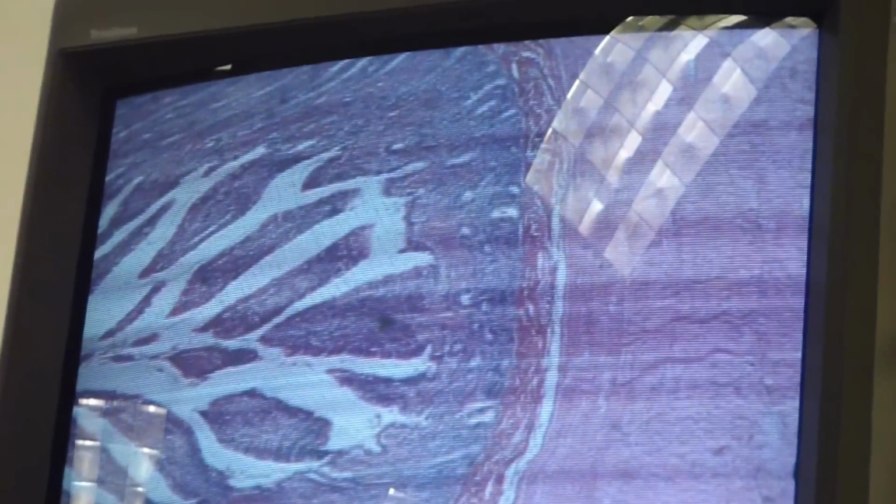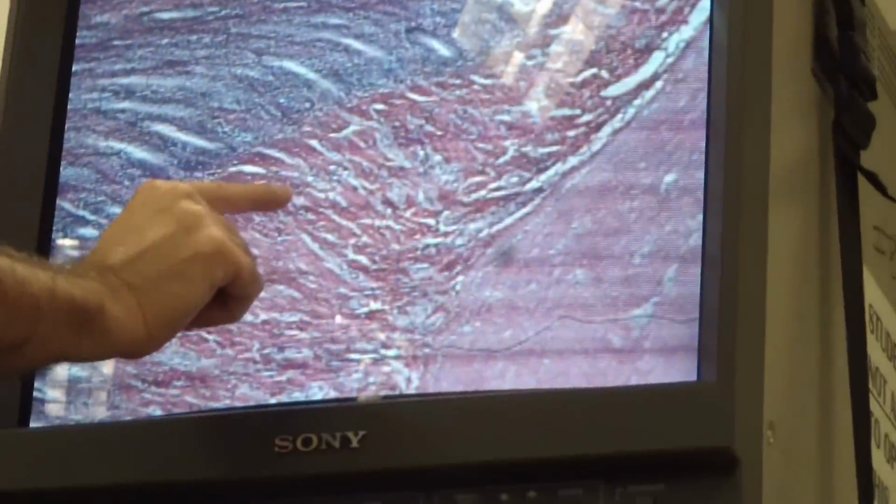But take a look at this one right here. Let me magnify that a little bit. You see these little bitty glands right here? These are all Brunner's gland.